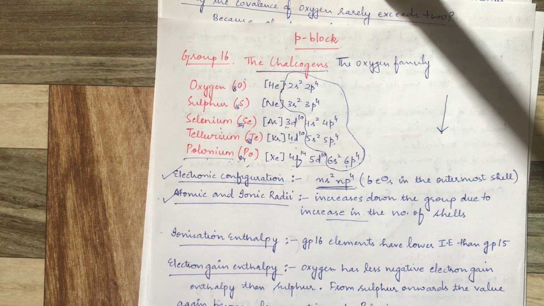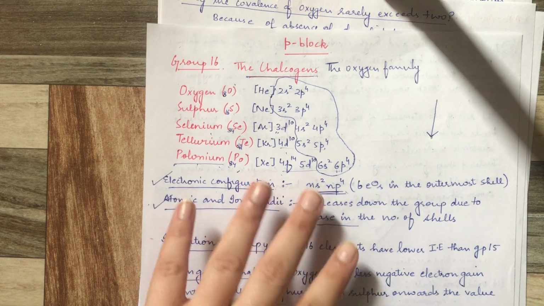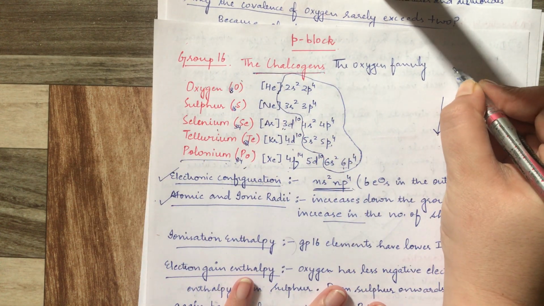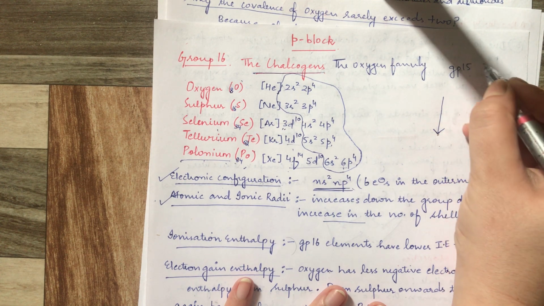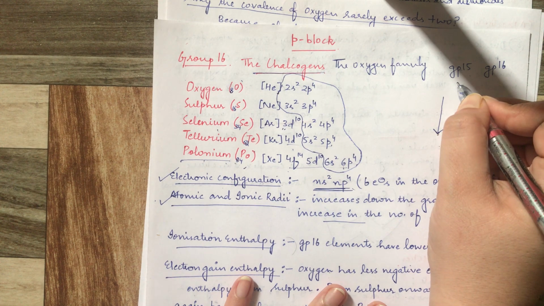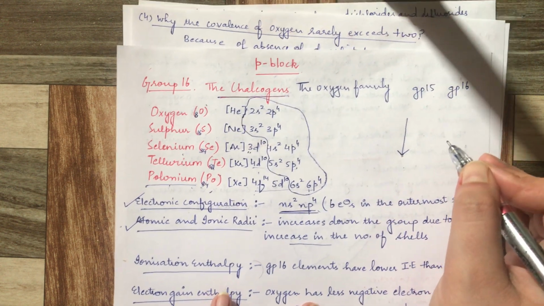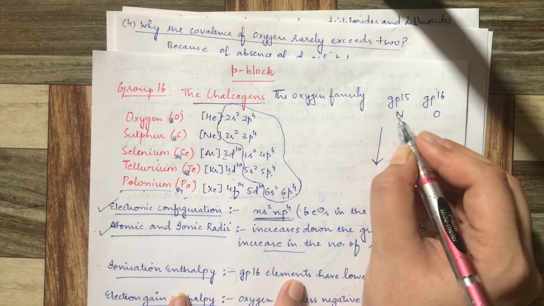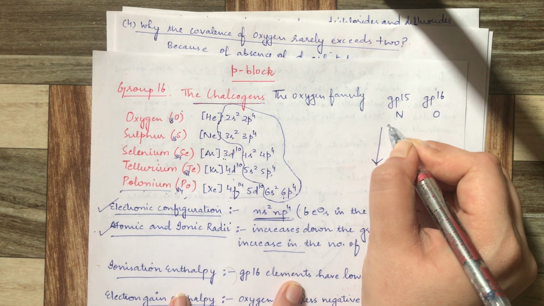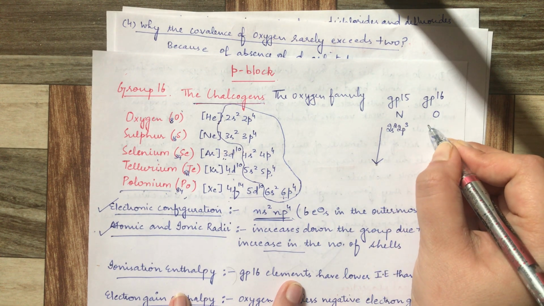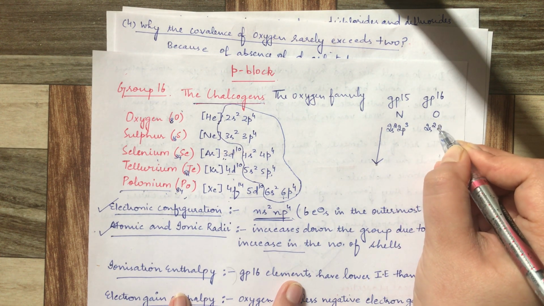Now if I elaborate, let's compare group 15 to group 16, taking only the representative elements. Group 15 is nitrogen and group 16 is oxygen. Nitrogen has electronic configuration 2s2 2p3, whereas oxygen has 2s2 2p4.